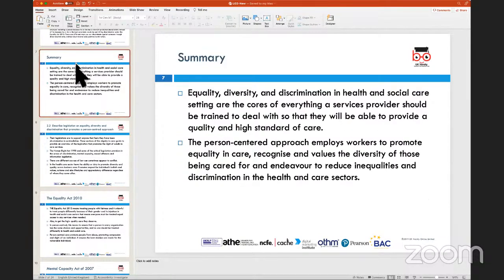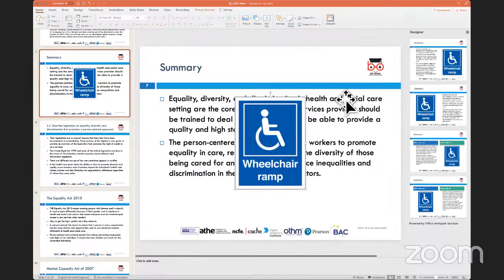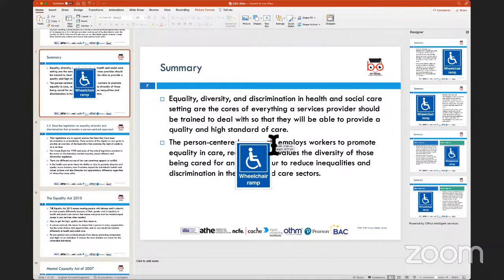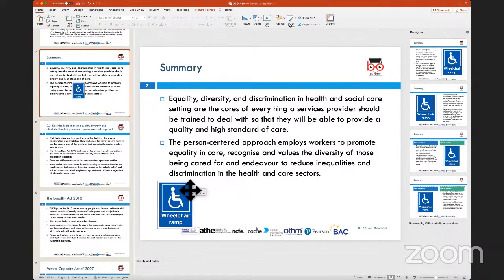Now, in the previous one, if I bring across wheelchair access, which is available within the surgery, this would mean that there is an equality policy being applied, and people are being given access to the premises, even if they have a disability.